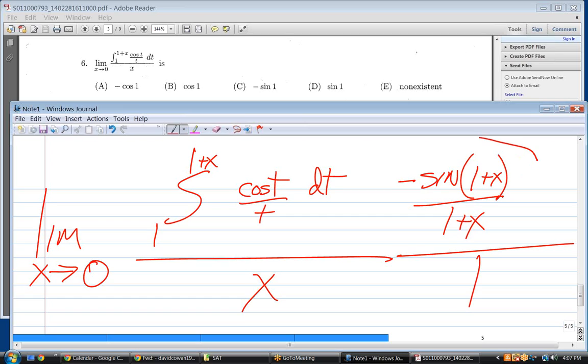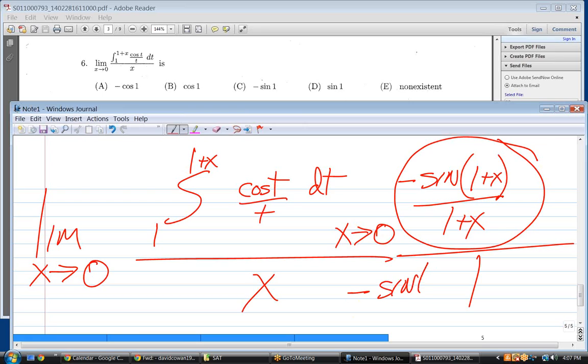So now can we evaluate that as x goes to 0? Yes, we can. That's equal to minus the sine of 1 all over 1, or minus sine of 1, which is equal to 0.